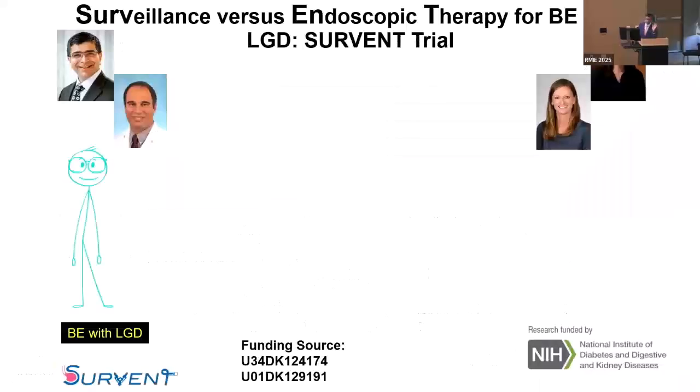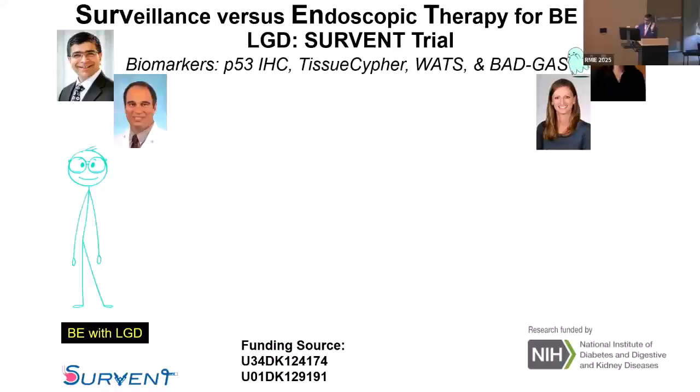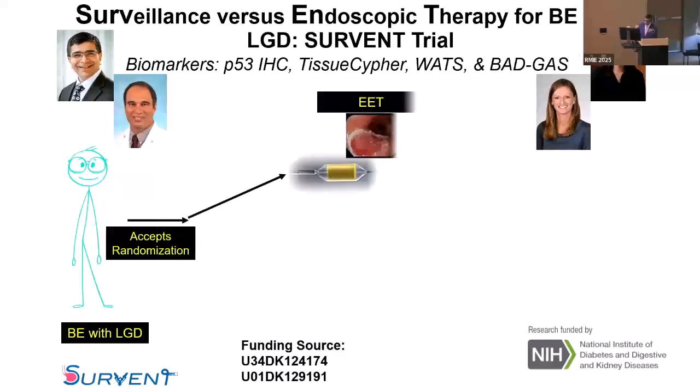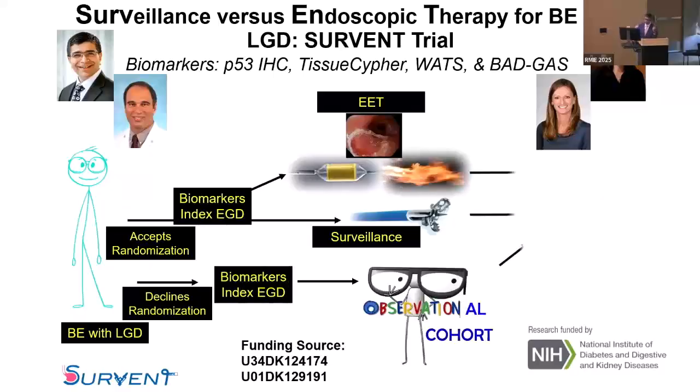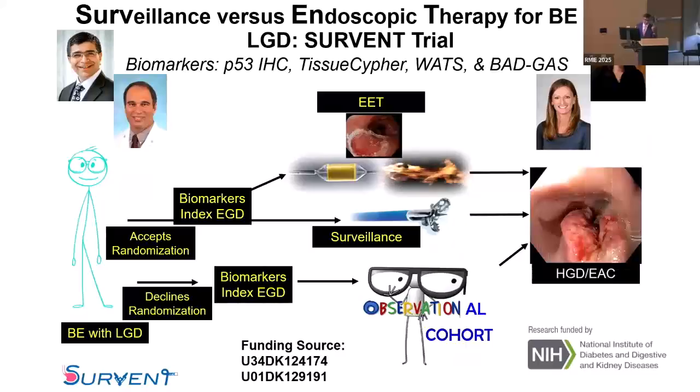There are several knowledge gaps in the management of patients with low-grade dysplasia, and we are in the midst of the only randomized controlled trial for low-grade dysplasia here in the United States, where patients with confirmed low-grade dysplasia are being randomized to treatment or surveillance. And of course, we're looking at the outcome of neoplastic progression.